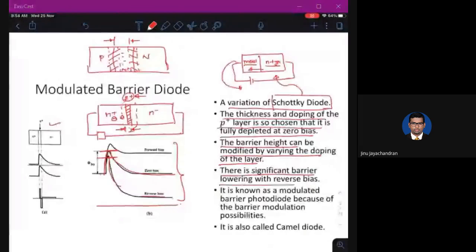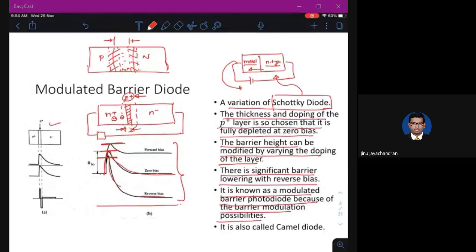When you apply forward bias, you see that the barrier has moved higher. When you apply a reverse bias, the barrier has moved lower. It is known as a modulated barrier photodiode because of the barrier modulation possibilities.